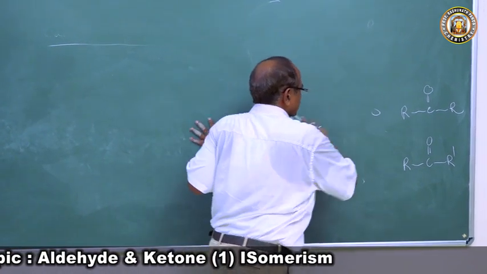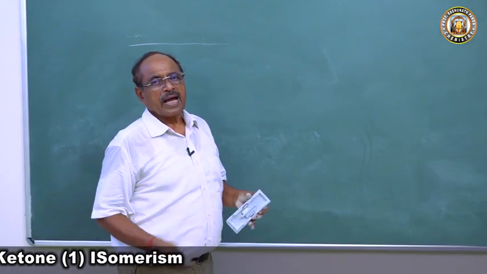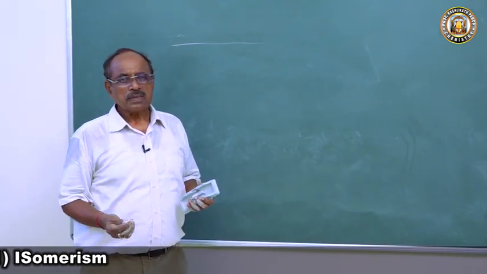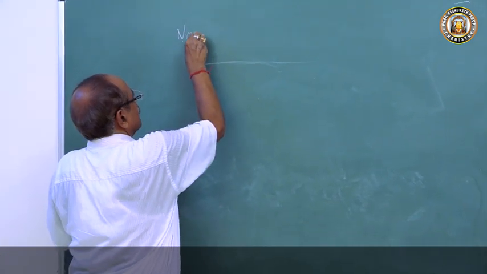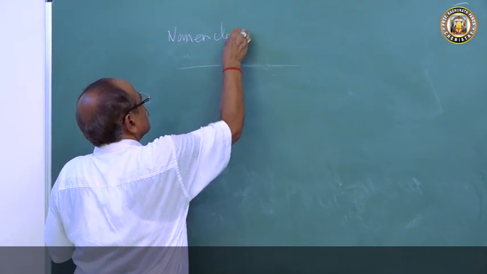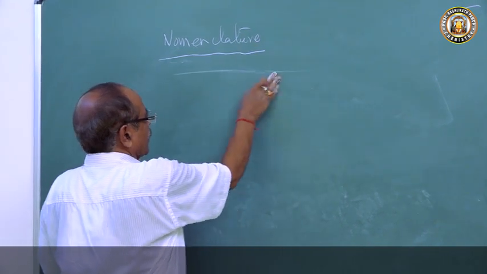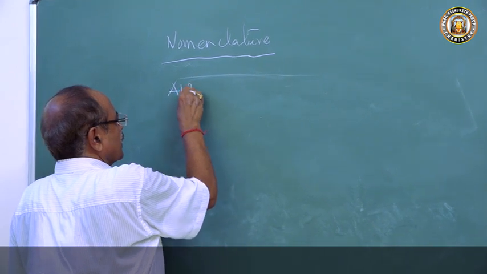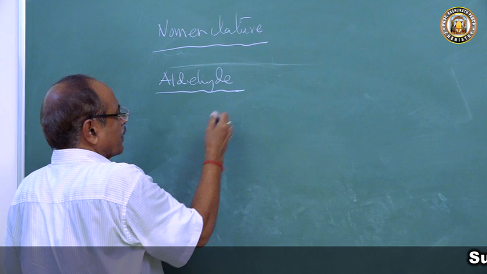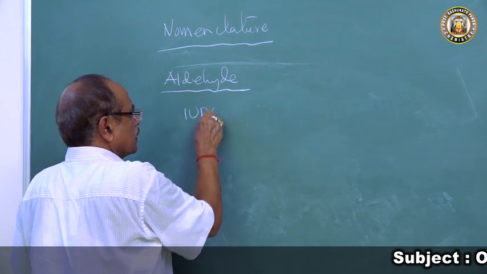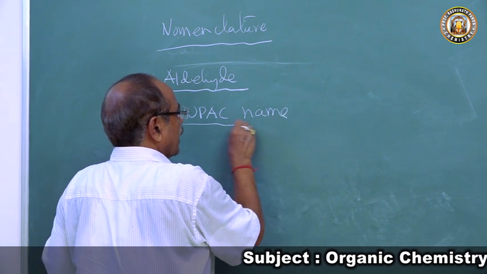Both aldehydes and ketones are named by two systems: the common name and the IUPAC name. Now let's first come to the nomenclature of aldehyde, the IUPAC name.